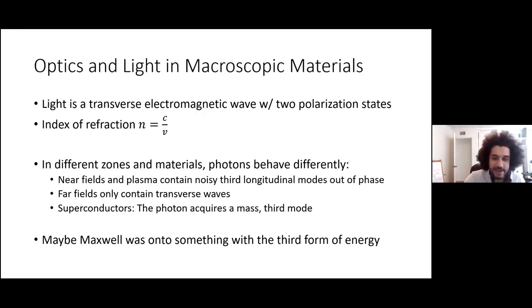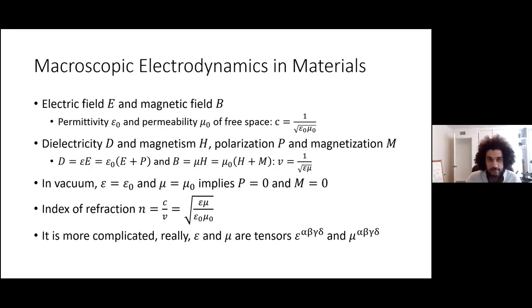So I don't know, maybe Maxwell was onto something when he said there's 3 types of electromagnetic energy. Anyway, so now when we look into the macroscopic electrodynamics of materials, I'm going to suppress all of the vectors. So really, the electric field is a vector that points in 3 dimensions, but I'm going to simplify everything for this talk. So there's an electric field, E, and a magnetic field, B.